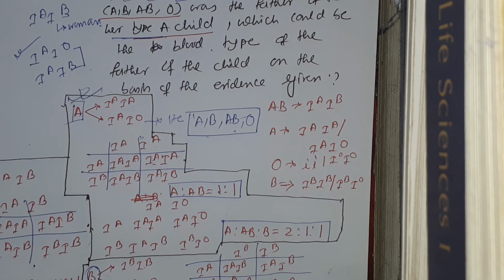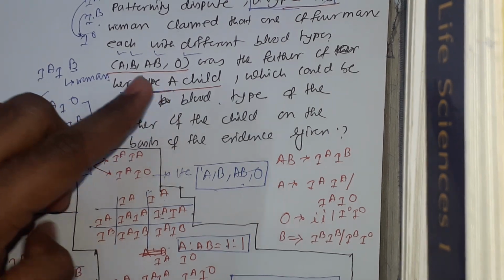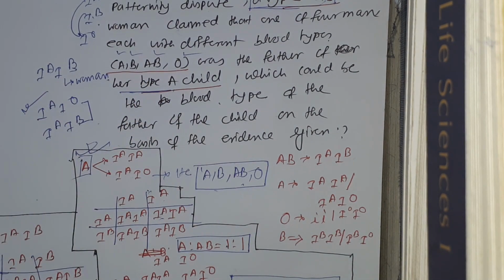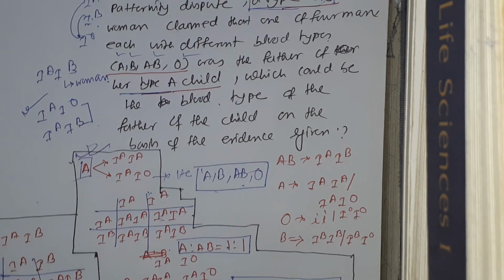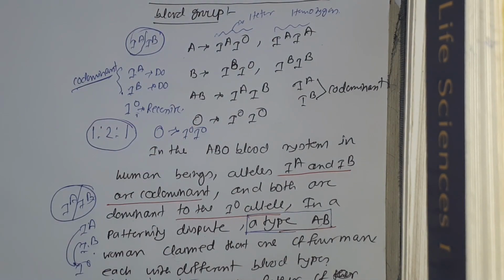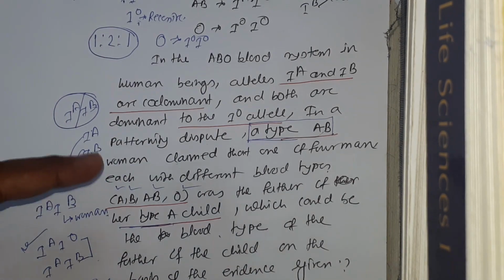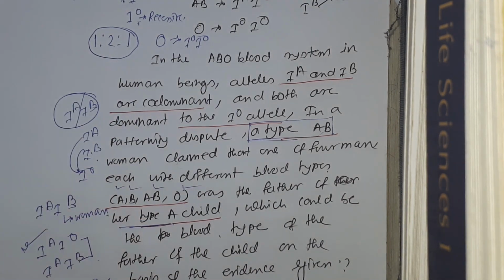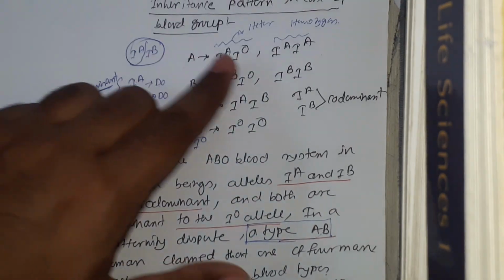If it is a descriptive type, then you have to write that we need more evidence to find out the father among these four blood group individuals, or we can take help of another biological process to solve this paternity dispute, such as DNA fingerprinting. I hope you have understood how we handle problems associated with ABO blood type with the help of these possible genotypes.